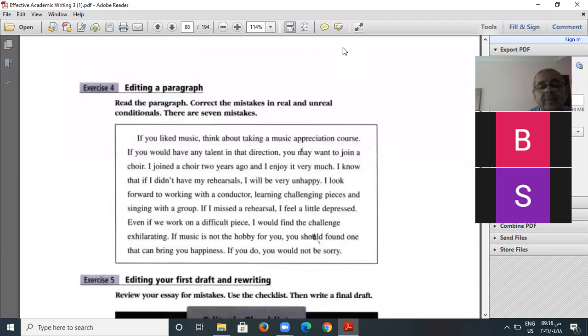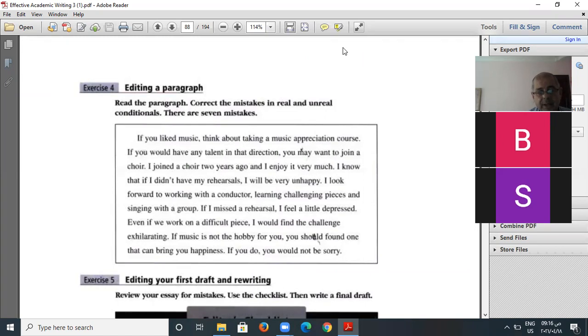I look forward to working with the conductor, learning challenging pieces and singing with a group. If I miss a rehearsal, I feel a little bit depressed, because it's a real condition. Even if we work on a difficult piece. Let's see the number.